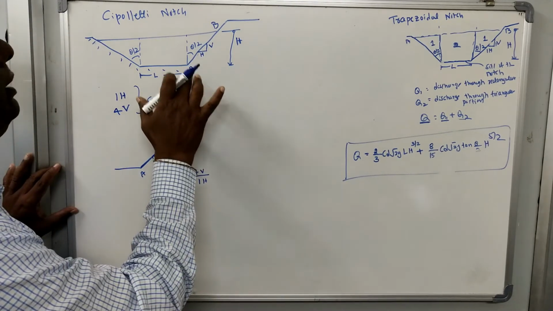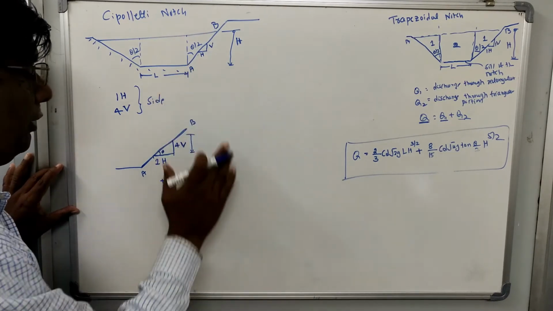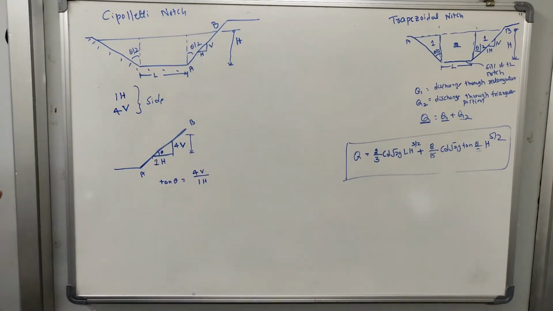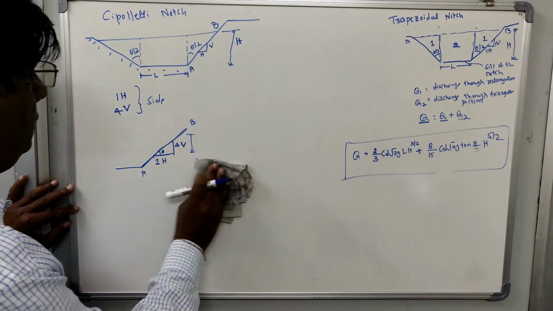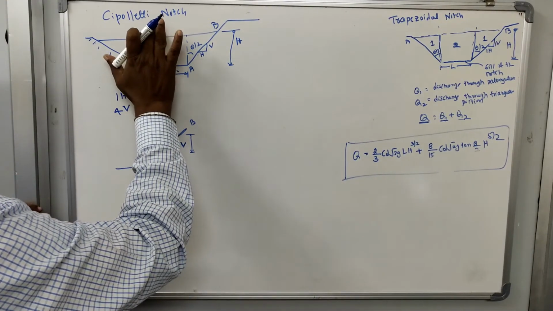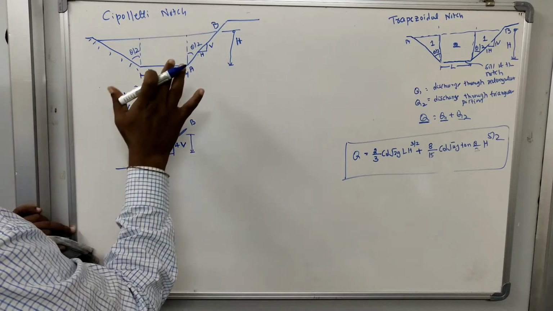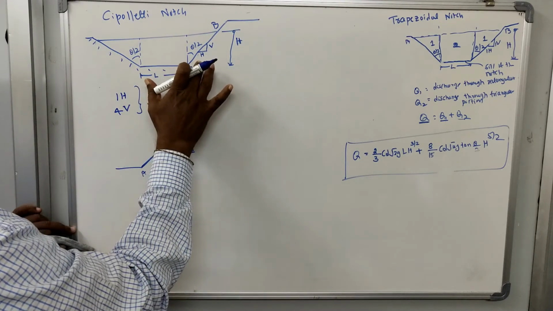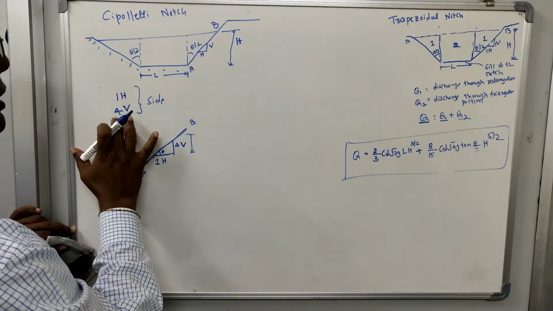This is the only difference: in the case of the Cipolletti notch, the side slopes are one horizontal to four vertical.